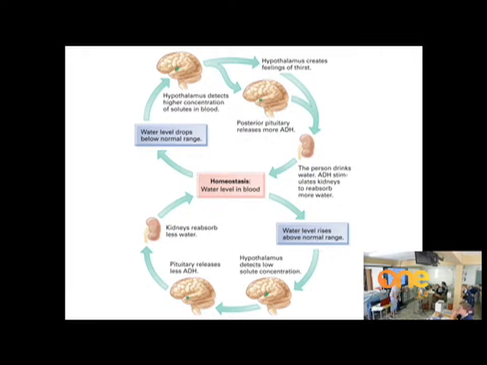But as it is too high, now the hypothalamus detects low solute concentration, so high pressure in the blood due to the presence of water, and the pituitary gland releases less or no ADH. So the collecting duct becomes impermeable to water.